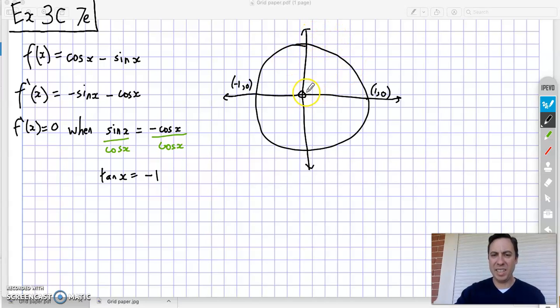Okay, let's just think about quadrant 1. 30 degrees or pi on 6, 45 degrees or pi on 4, 60 degrees or pi on 3. So we've got cos is a half, sine is root 3 on 2, for pi on 3. For pi on 4 or 45 degrees, we have 1 on root 2, comma 1 on root 2.